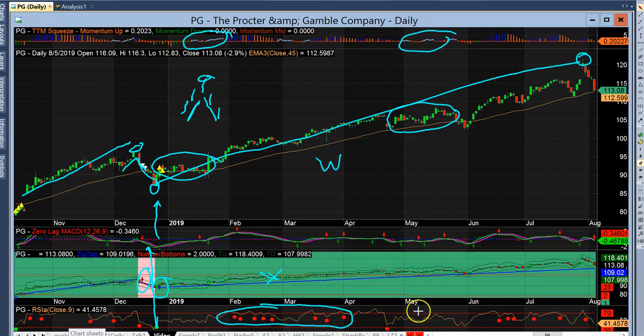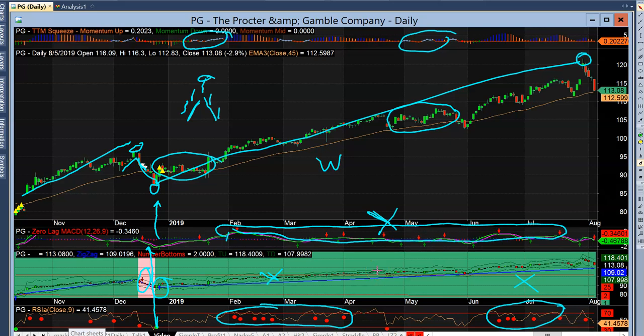So eliminate those. Eliminate all these as well because of the zigzag. Eliminate all these reds, the downward MACDs, because the zigzag says it's green.